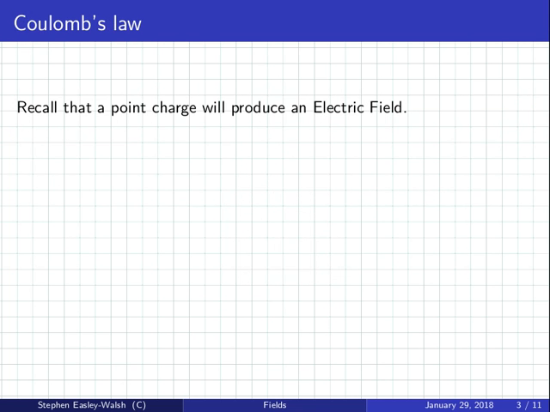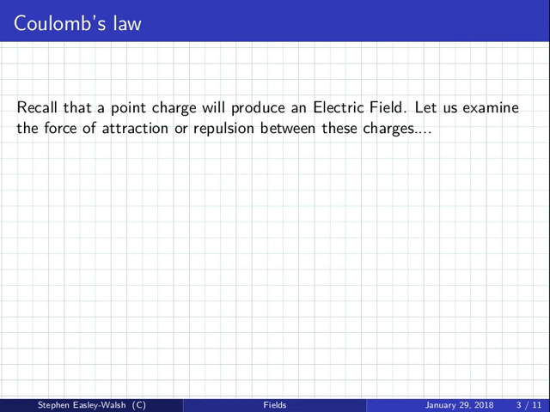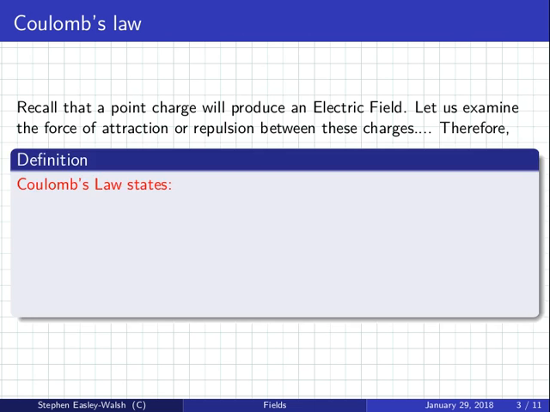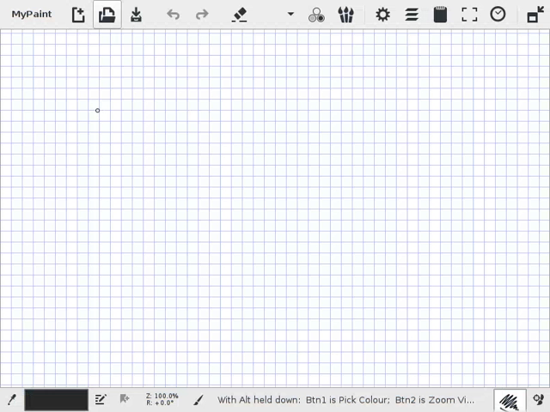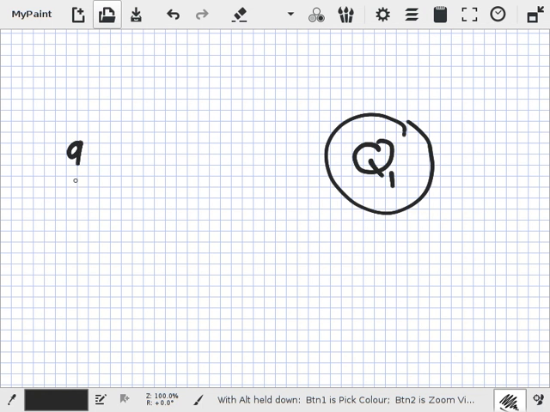So remember that a point charge will produce an electric field. Of course. And we had a look at the forces. Let's have a look at that in a bit more detail. So, for example, let's say here is a big Q1 charge, and here is a little Q2. Now, let's just say this is positive and this is negative.